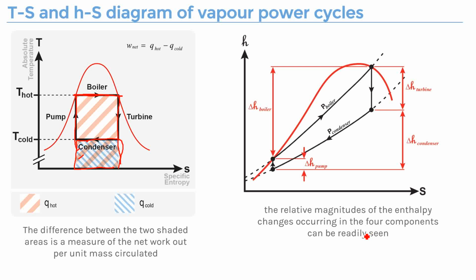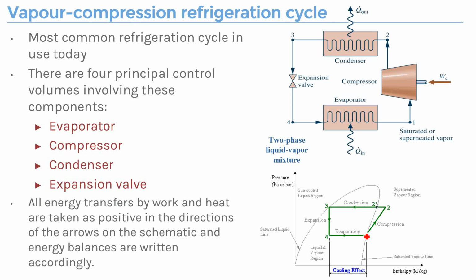And now, if we utilize a similar format of analysis for this refrigeration cycle, as we said, the evaporator goes from point 1, 2, 3, 4.